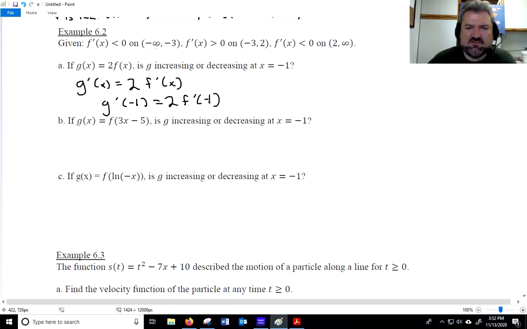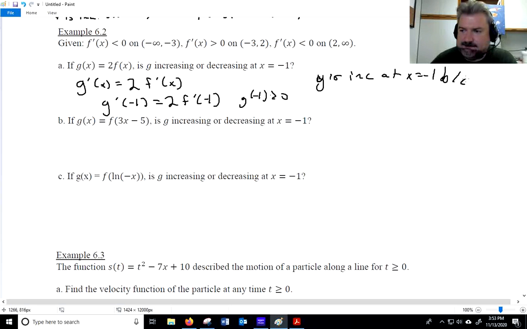Well, looking at our intervals here, we can see that on that interval from -3 to 2, f prime is positive. So that's positive times a positive, so it's got to be positive. So g is increasing at x equals -1 because g prime of -1 is greater than 0.